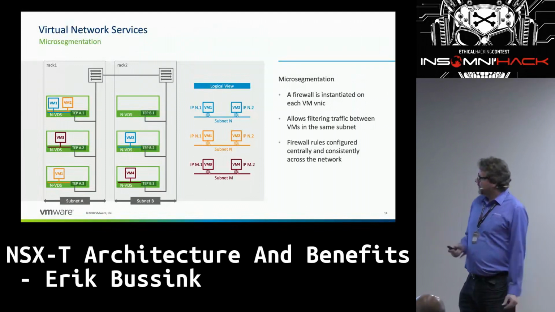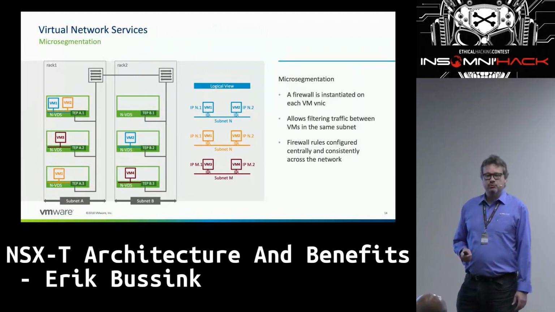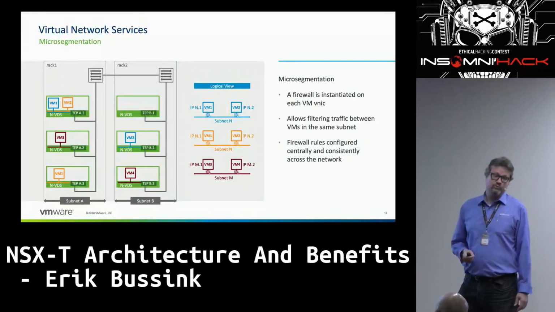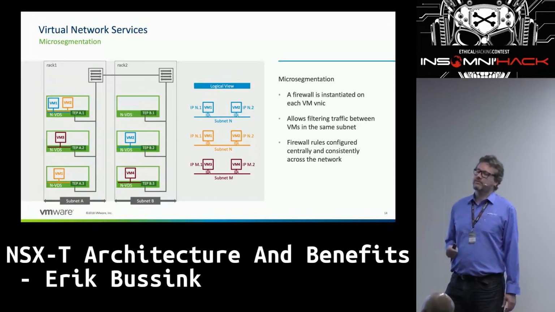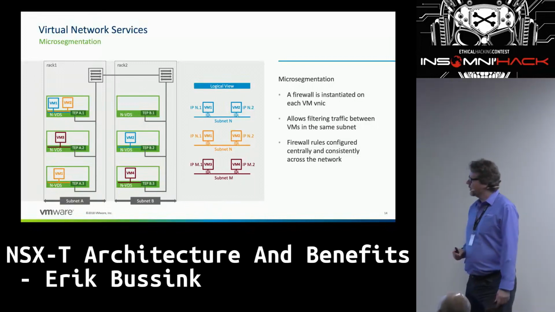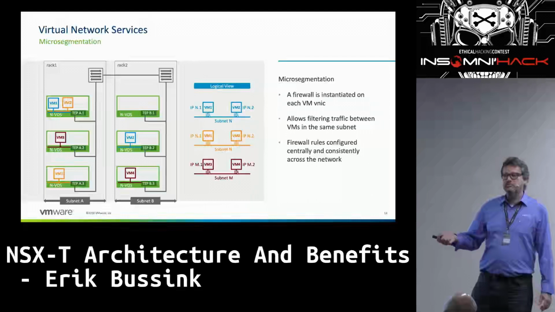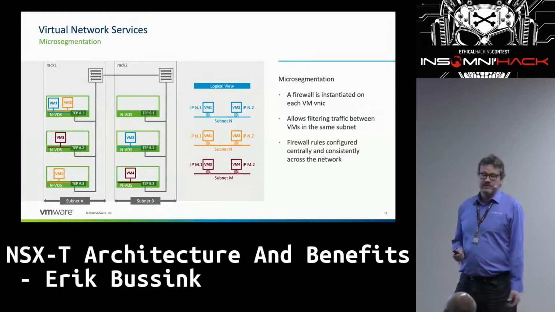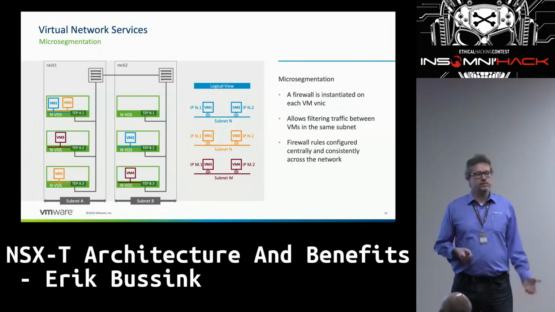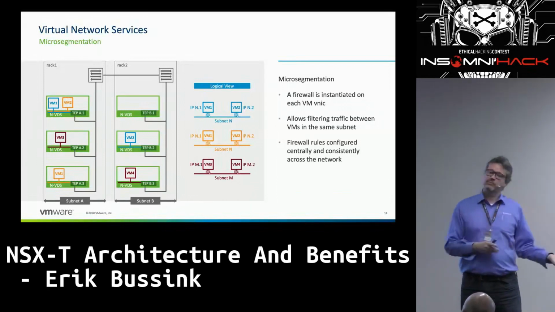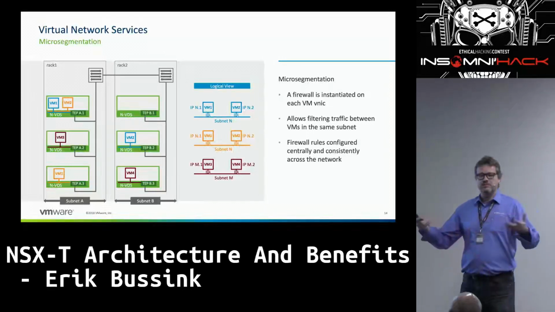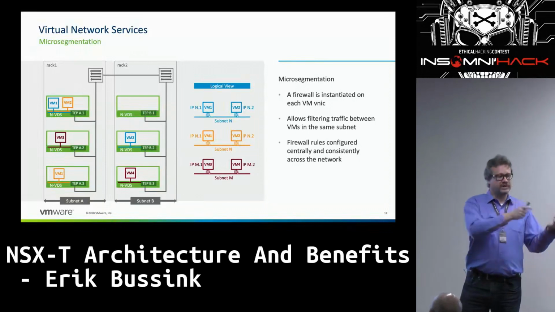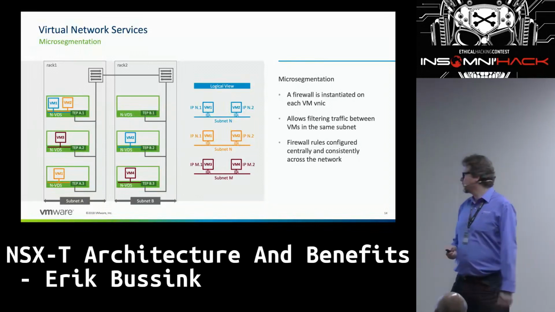The next step after just managing this layer 2 broadcast and networking is that we're going to be able to do firewalling straight on the vNIC of the virtual machine. So it's not done inside the virtual machine, but on the network card. So after this, we can really filter. We can do macro segmentation, stopping subnet 1 from talking to subnet 2, and micro segmentation within the same subnet, so that the database server cannot talk to a web server, only the app server can talk to the database, and so on.